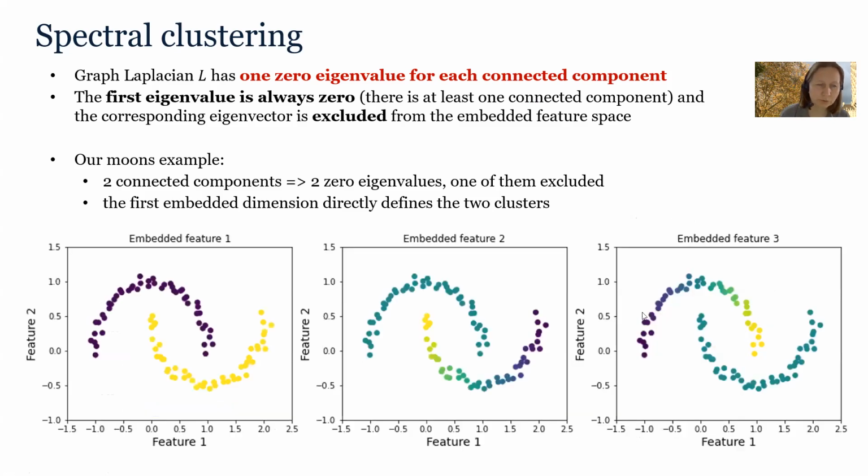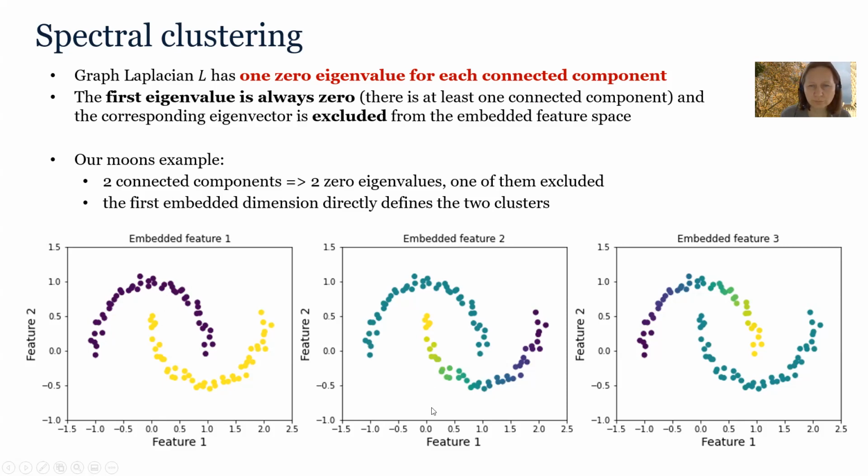And we can also visualize that in the original Euclidean space if we color code the samples by their embedded features. So if we color code them by feature 1, we see the two clusters. So the two moons were separated by feature 1.